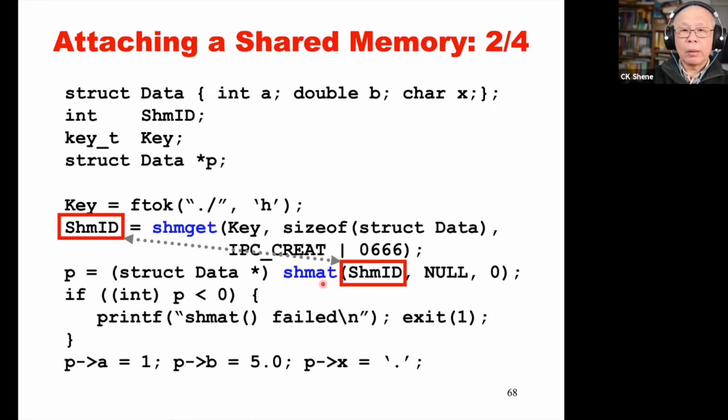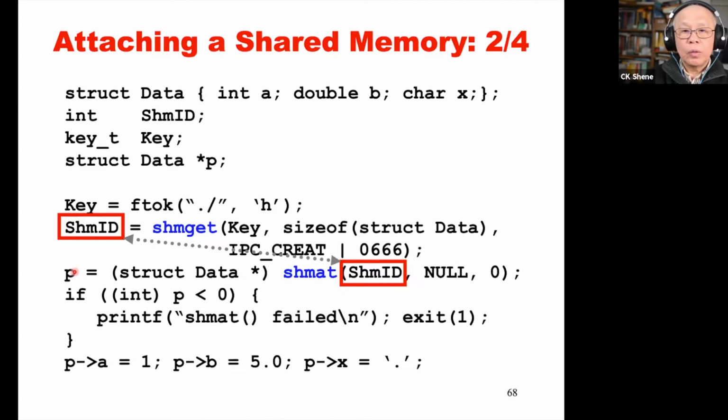You have to cast it back to the correct type because this shared memory is created for this data structure. Therefore, I have to cast the returned void pointer to a pointer to this data structure and save the casted pointer to P.